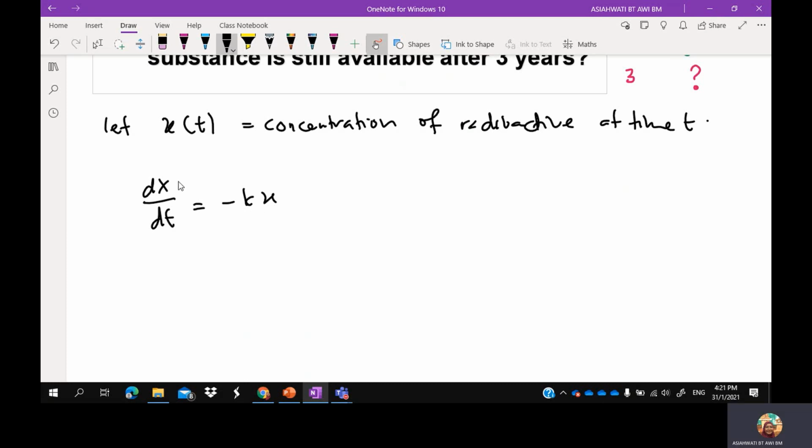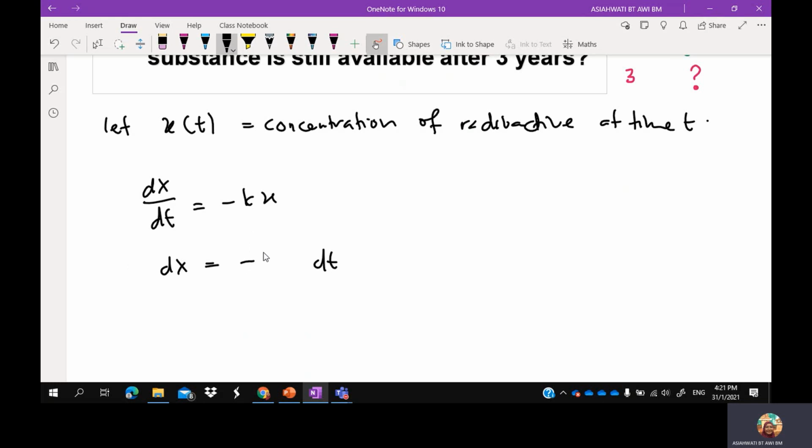Normally the same variable x appears on both sides. To write x in terms of t, you need to get rid of dx/dt by integrating both sides. Before integrating, you need to separate the two variables, x and t.